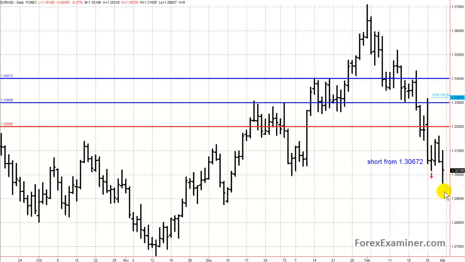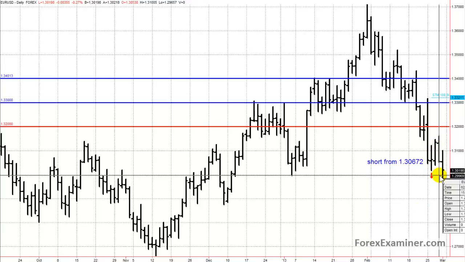And this movement to the downside gives us an opportunity to take our stop here at 1.33211 and to move that stop down here. Now that may be a little close for us, but we're going to move it, and we're going to place it right up here, right above that high, 1.31609.